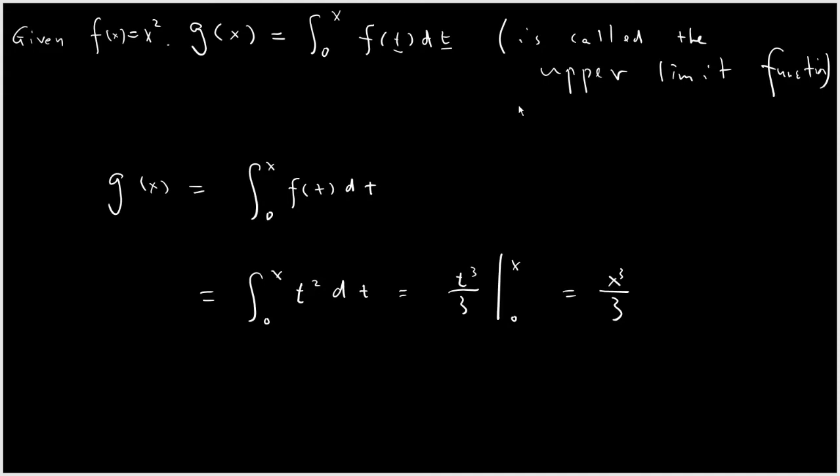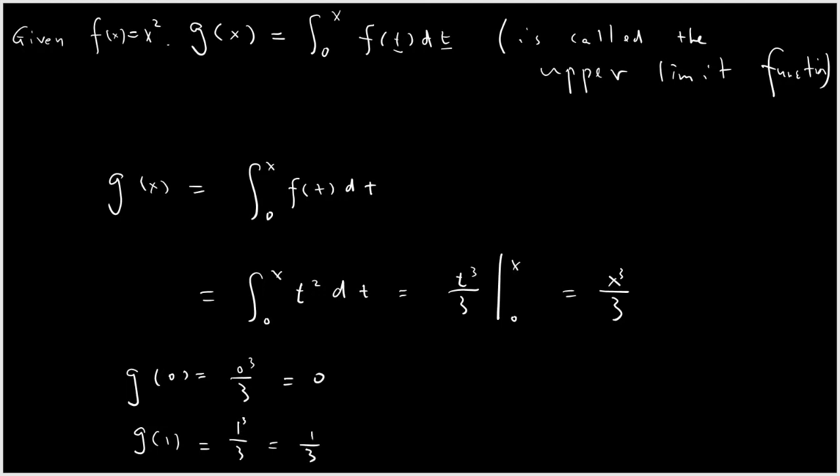If I want to compute g of 0, you replace x with 0 and have 0 cubed over 3, so the value of g at 0 is equal to 0. To compute g of 1, all we need is to replace x with 1, so you have 1 cubed over 3. The answer is 1/3.